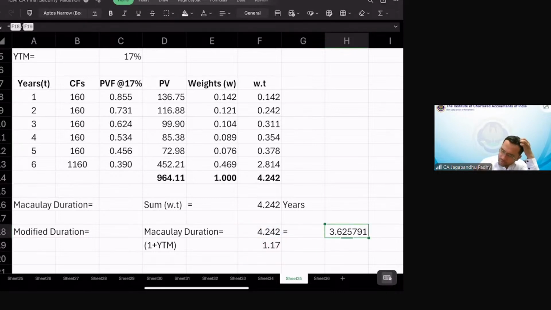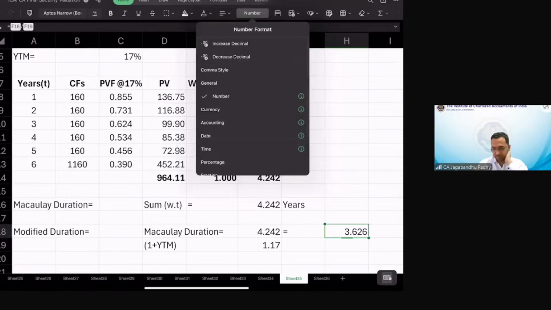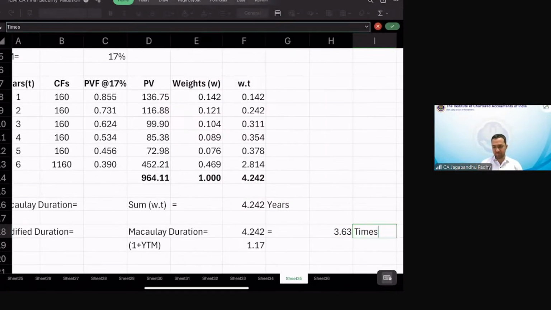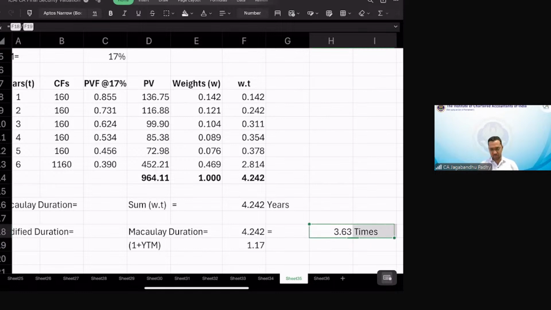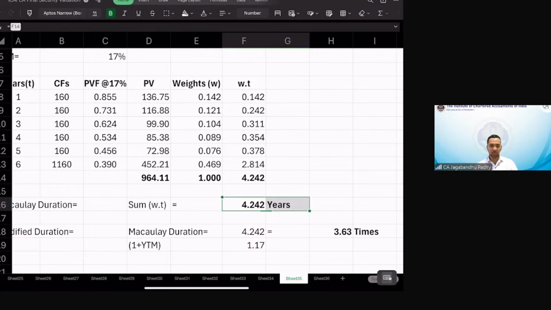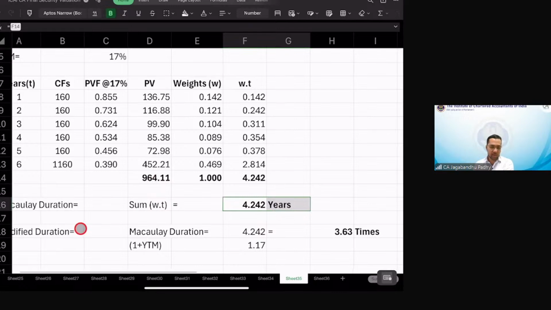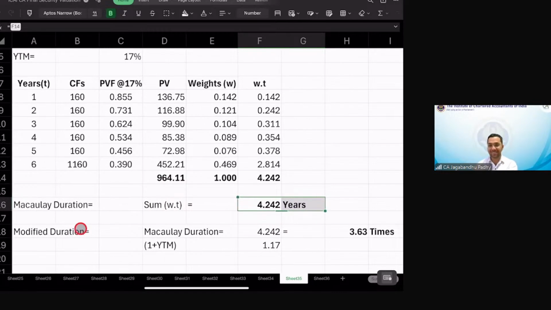So 3.63. 3.63 times is what we say is the modified duration. So we got the duration of the bond to be 4.242, value of the bond 964.11, and the modified duration 3.63 times.